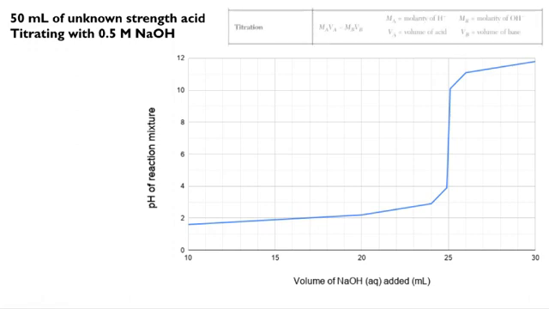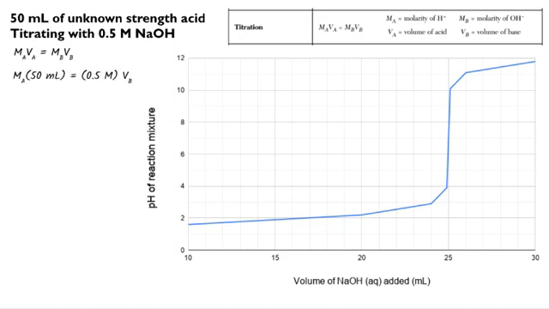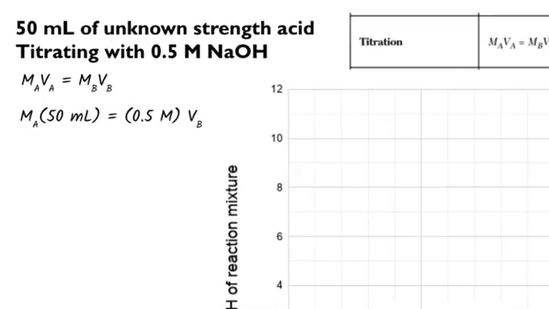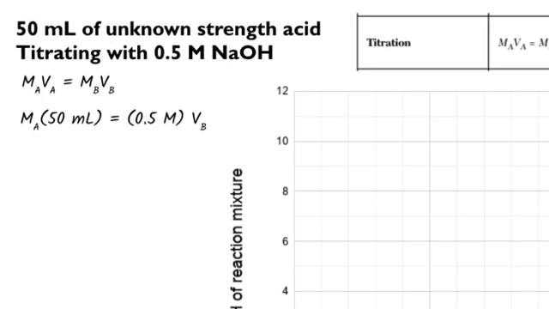Now, from just looking at this problem, we may not initially think we have enough information to solve for the strength of the unknown acid molarity, or Ma. Because just from looking at the given numbers in the problem, I know that I have 50 milliliters of acid, but I don't know the molarity of the acid. And I know that I'm titrating it with 0.5 molar base, but the question isn't telling me the volume of the base that I used.